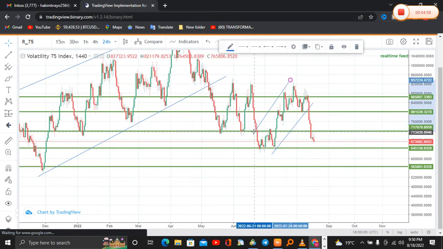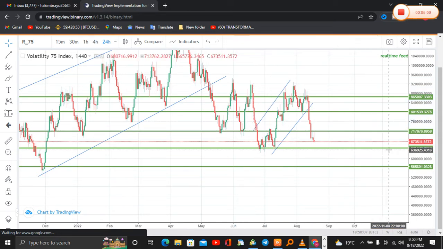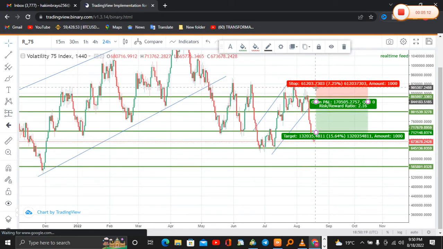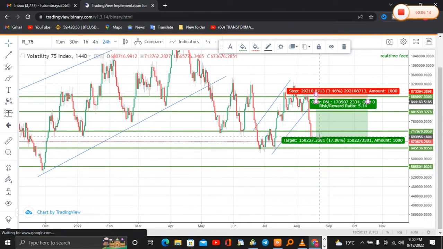You know, we have two types of breakouts. We have what we call breakout and retest, and we also have what we call an intermediate breakout. Now 75 dropping all the way from here, let me mark it from here, it dropped and is still dropping.